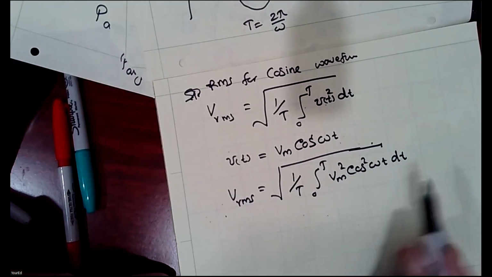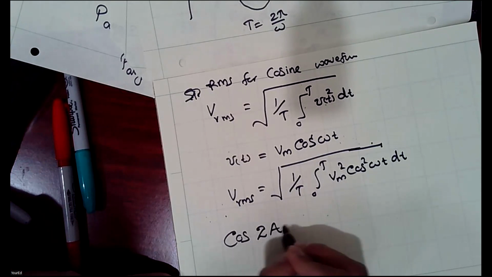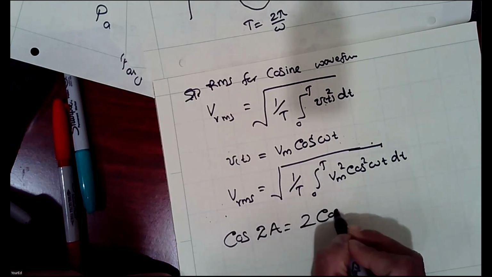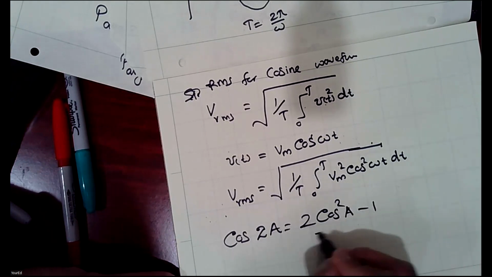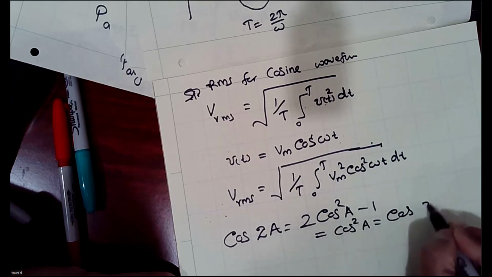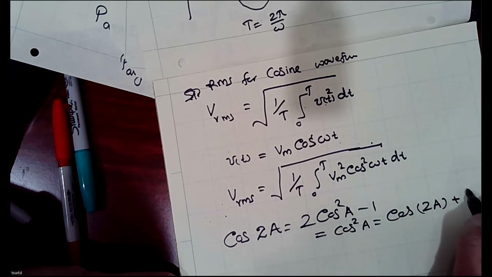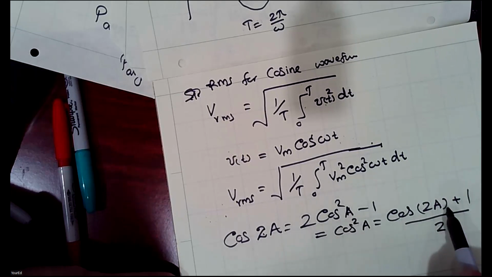That's important. Now you know cosine 2a is equal to 2 times cosine squared a minus 1. Therefore, I can write cosine squared a is equal to (cos 2a plus 1) divided by 2. If this angle is a, 2 times that angle comes.